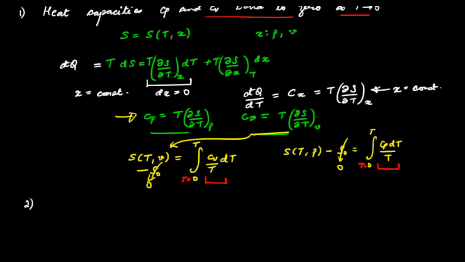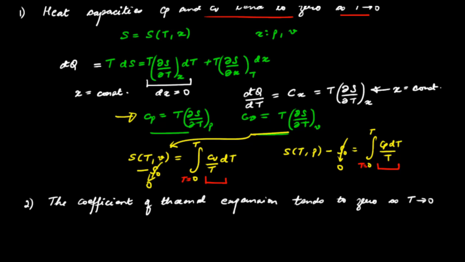Another consequence of the third law is that the coefficient of thermal expansion tends to 0 as the absolute temperature tends to 0. Recall that the coefficient of thermal expansion is defined as this, that is the derivative of the specific volume with respect to temperature at constant pressure divided by the specific volume.